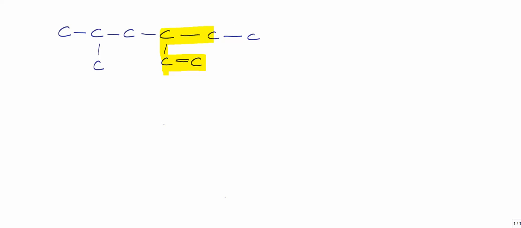Now the question is, do we go that way, which will give us 1, 2, 3, 4, 5 carbons in our chain, or do we go the other way like that? And that will give us 1, 2, 3, 4, 5, 6 carbons in our carbon chain.